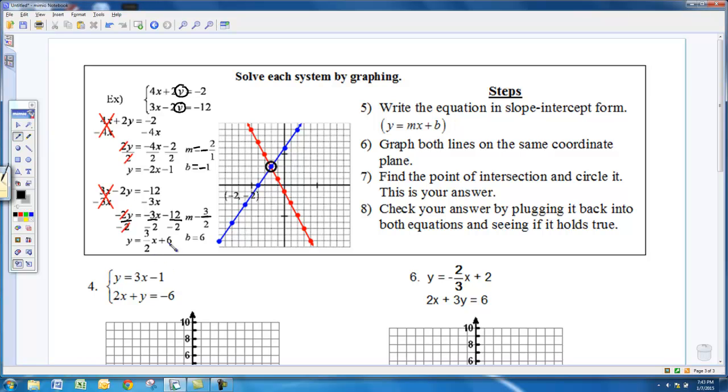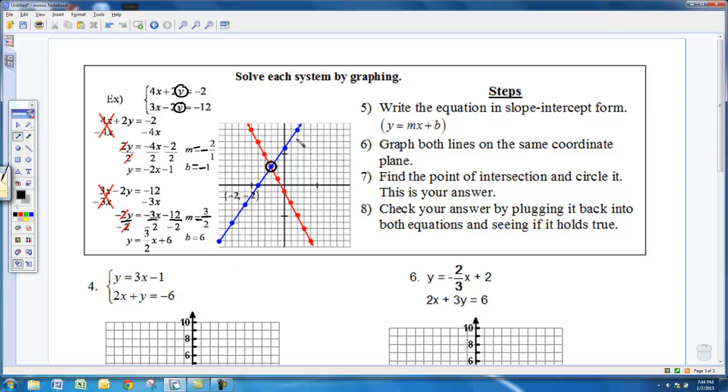Both of these terms turn out positive because we are dividing two negatives. -3 divided by -2 is positive 3 over 2. -12 divided by -2 is positive 6. So the slope of this second line is 3 over 2 and the y-intercept is 6.